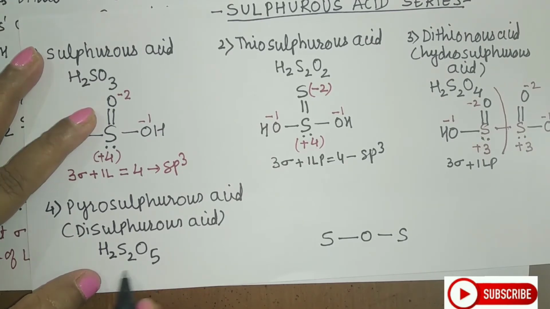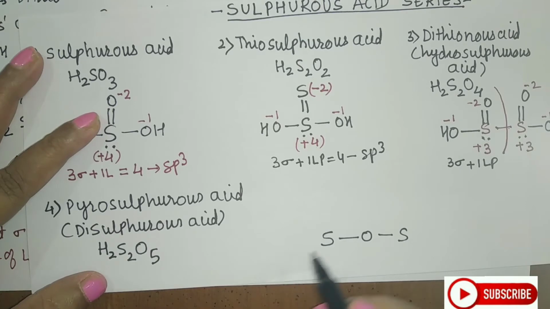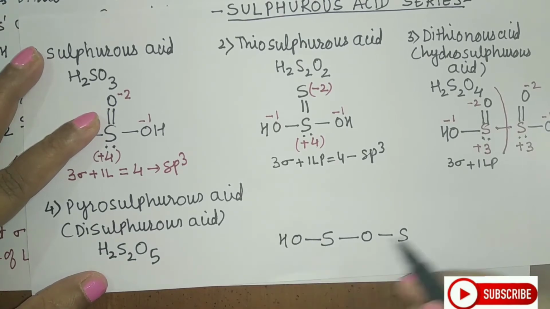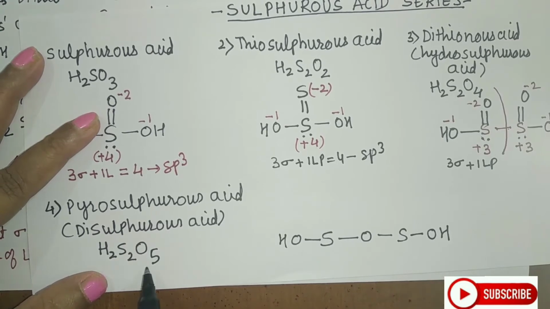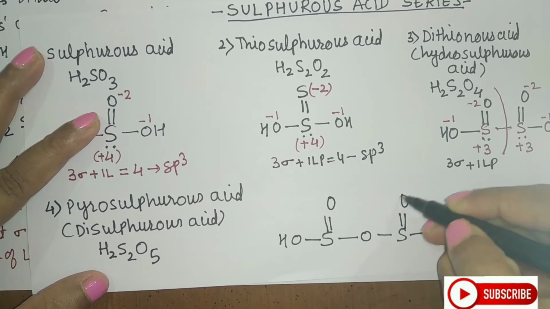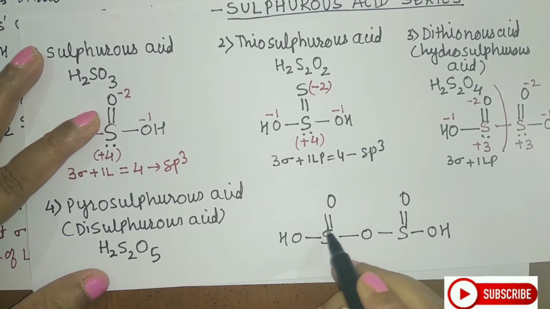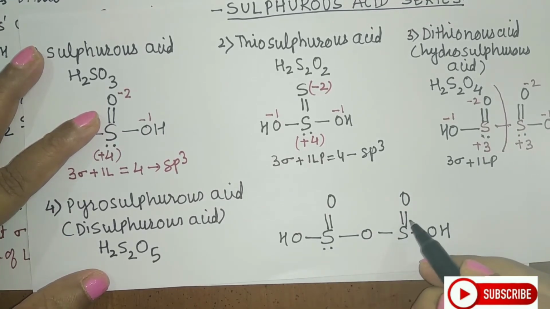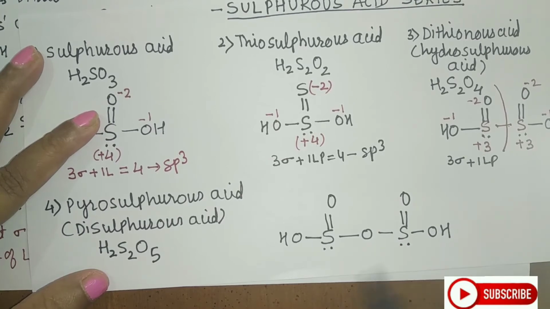Now form the maximum number of OH pairs, 2 OH pairs, give 1 to this and 1 to this. 3 oxygen atoms I have used. Now 2 are remaining, so attach 1 to this and 1 to this. Now 1, 2, 3, 4, 5 and 6. So this is the structure.